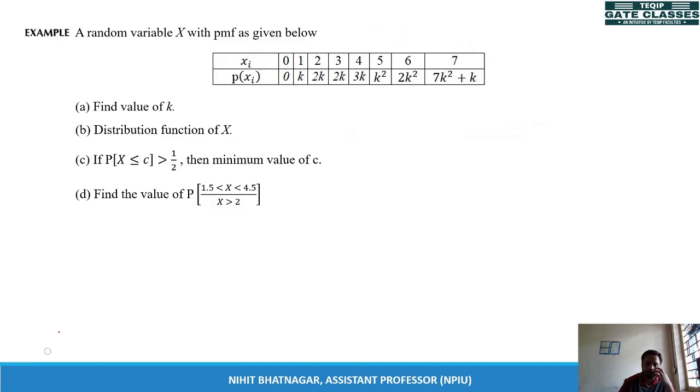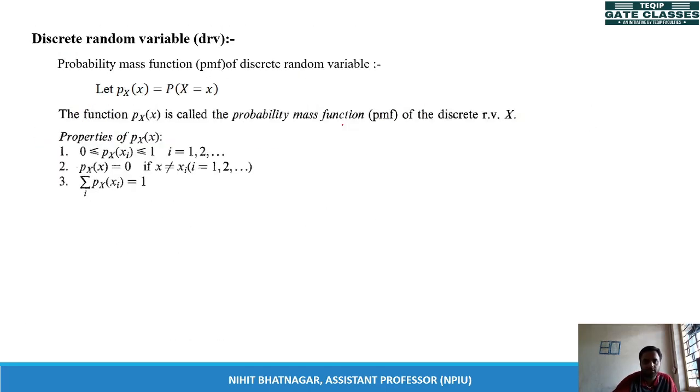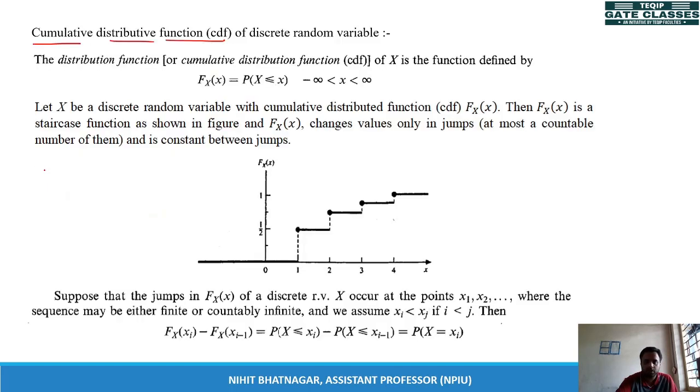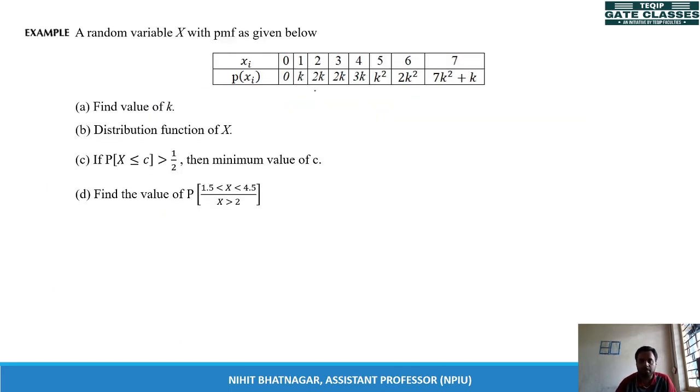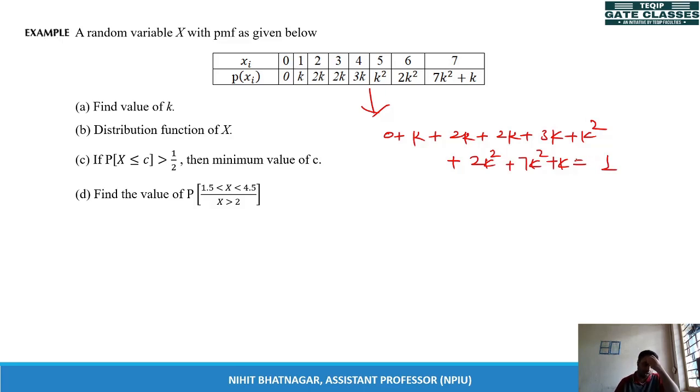The first question is to find the value of k. You know very well that the summation of all probabilities of all random values is equal to 1. So 0 plus k plus 2k plus 2k plus 3k plus k square plus 2k square plus 7k square plus k equals 1.